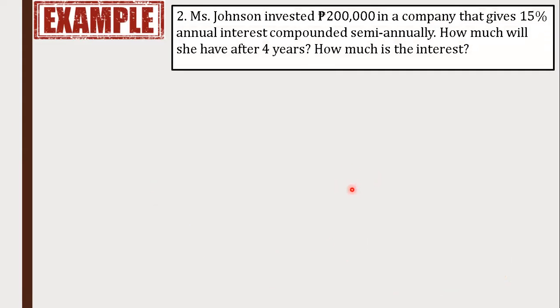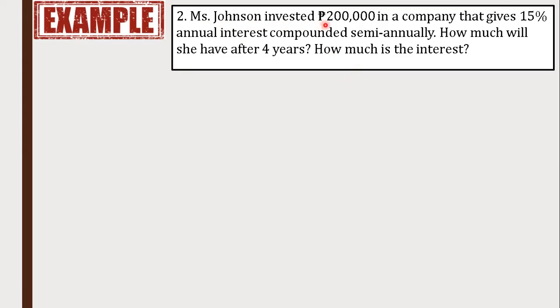Let's have another example. Miss Johnson invested 200,000 pesos in a company that gives 15% annual interest, compounded semi-annually. How much will she have after 4 years? And how much is the interest? You need to read it word by word, understand each word.